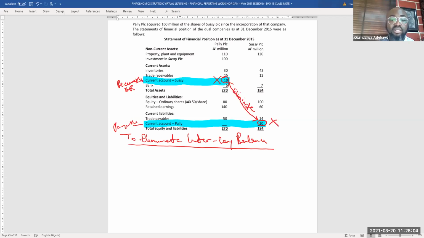Debit. Intercompany payable has what balance? Credit. Therefore, to eliminate an account that has a debit balance, what do you do? You debit the account that has a credit balance to eliminate or reduce an amount in it. Thereby, we'll come here to say current payable account.